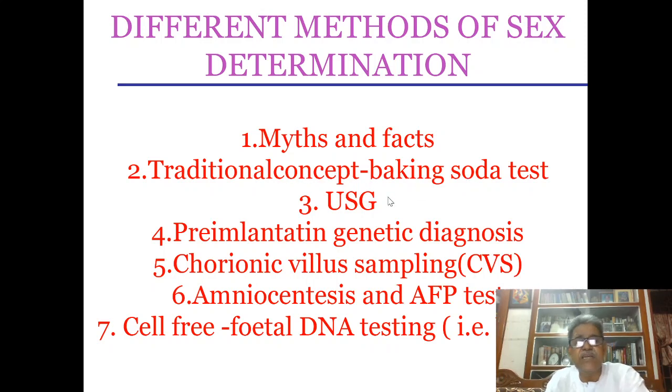The other scientific method is the USG, ultrasonography. Different parameters are studied in ultrasonographic studies, like femur length, total height, total body surface area, which determine the male and female babies.